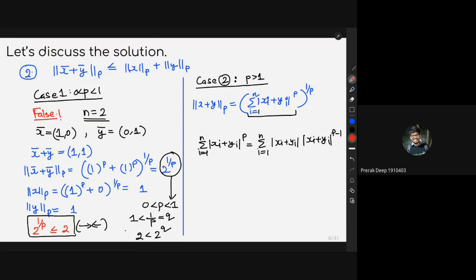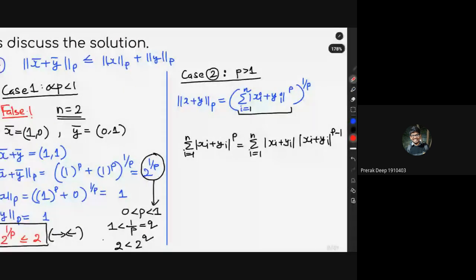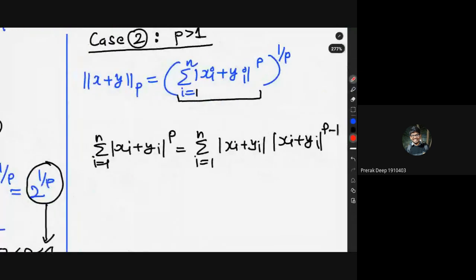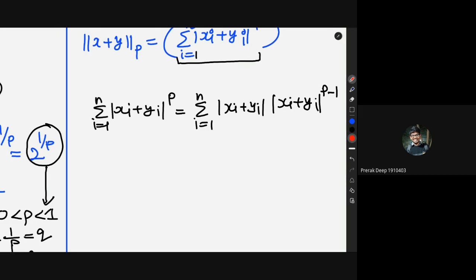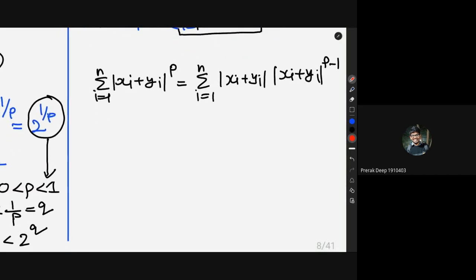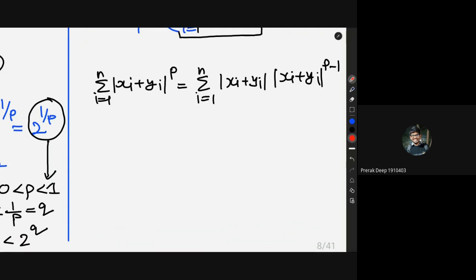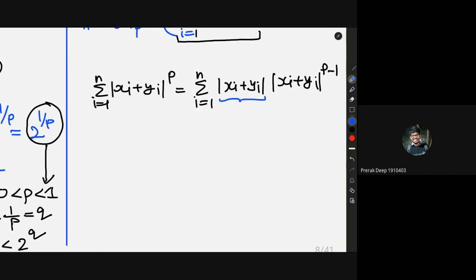Now if I look into this quantity, let me zoom a bit. If I look at this part, because these are just real numbers for a fixed i, it is a sum of real numbers and finding the absolute value.